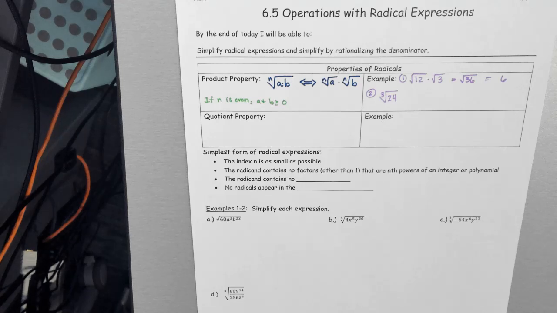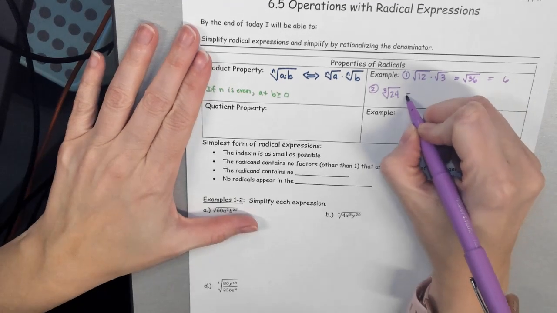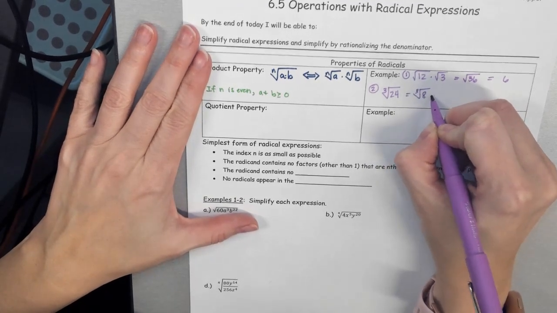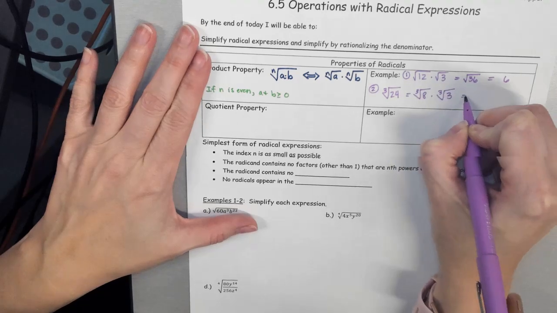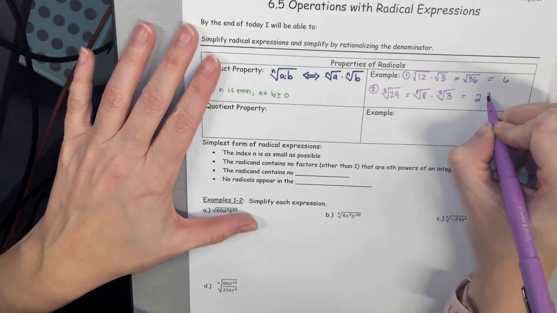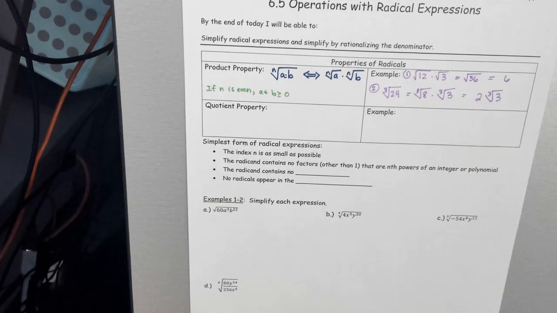All right, so if it's the cube root, we should be looking for a perfect cube. What is the cube root in 24? Yep, so we can split it up into the cube root of 8 times the cube root of 3. Okay, which of course is going to simplify. So the cube root of 8 times the cube root of 3 will give you 2 cube root of 3.